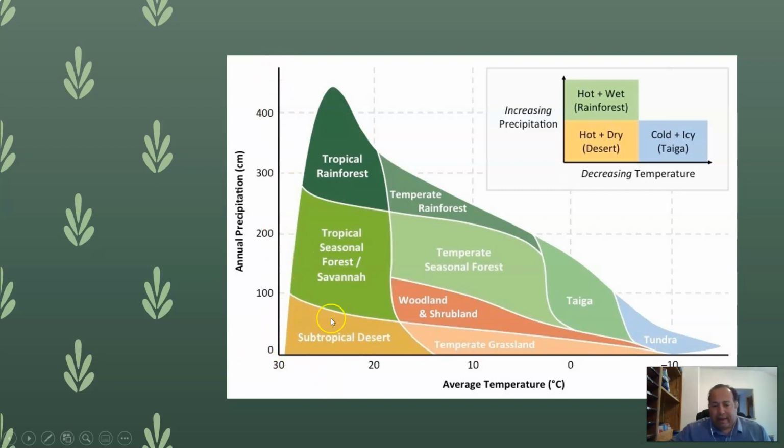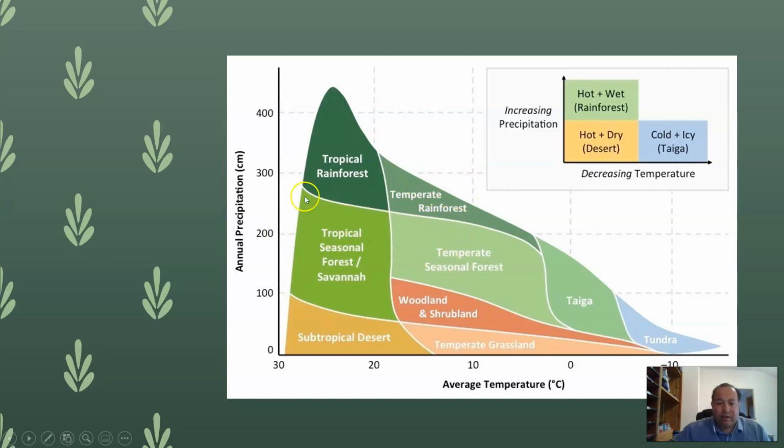Okay, so we can get desert when we don't get a lot of rain and it's hot. When we don't get a lot of rain and it's cold, we get tundra, or basically frozen permafrost. Where it rains a lot and it's hot, we get tropical rainforest. When it rains a decent amount, but it's not that hot, we get temperate rainforest.